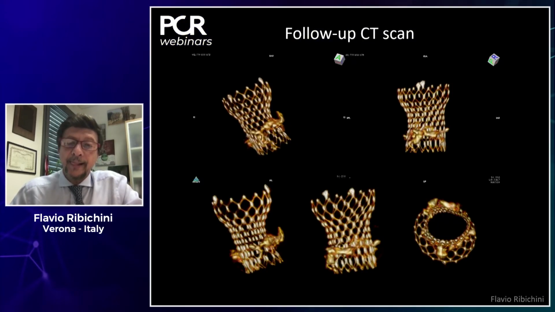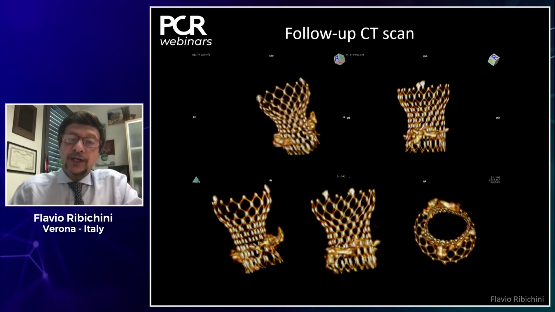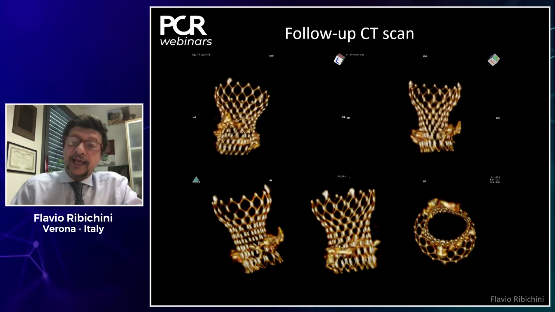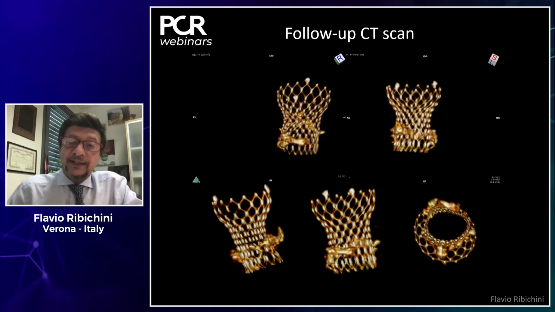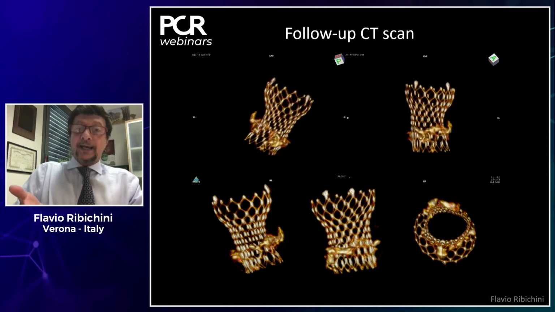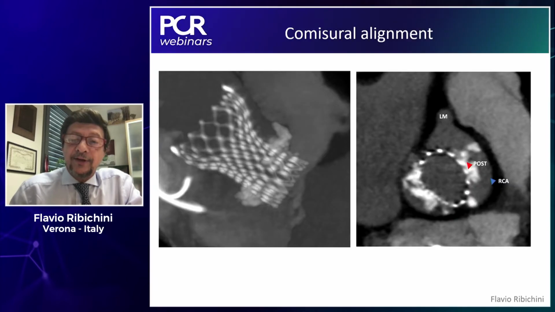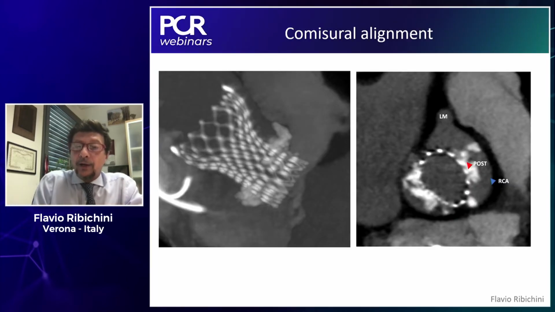Next one. But at the follow-up performed in this patient, you see how the valve at the outflow of the LV is compressed. This is normal with self-expandable valves. But being supra-annular, next one, the leaflets of the valve are okay, and also in this case are well oriented.